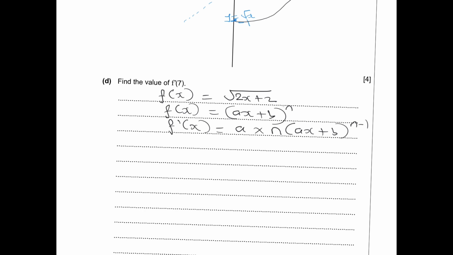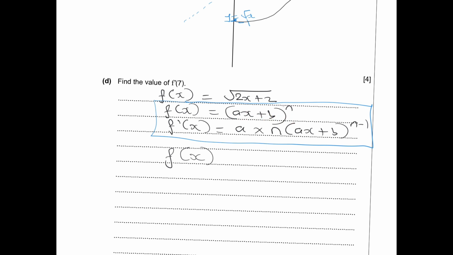All right, so applying this, what are we going to have? Maybe first of all we need to rewrite this function so that it can be in the form that we have there.